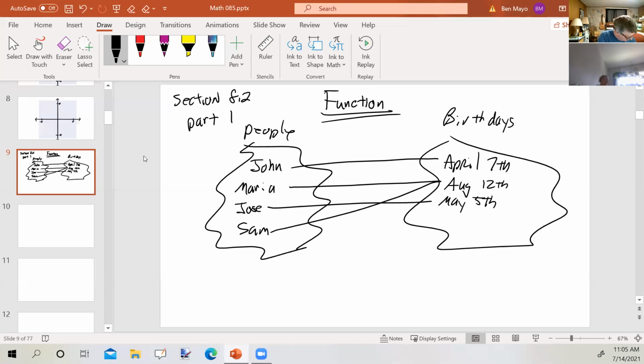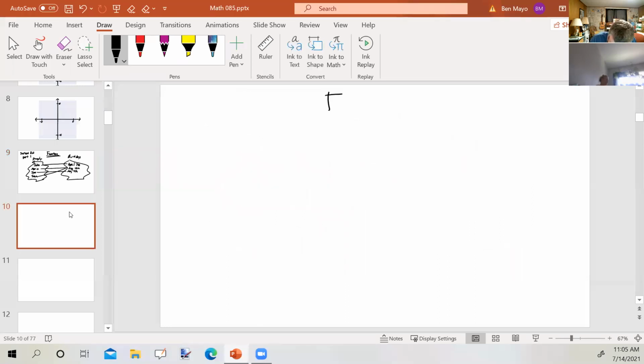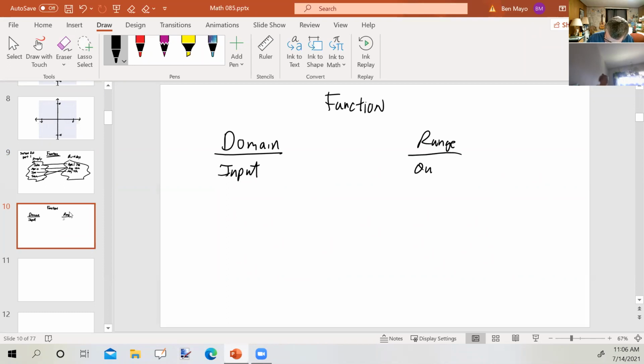Okay, so let's do this. We talked about domain and range. It said that the set of input values, so this is input, was called the domain, and the set of output values was called the range.